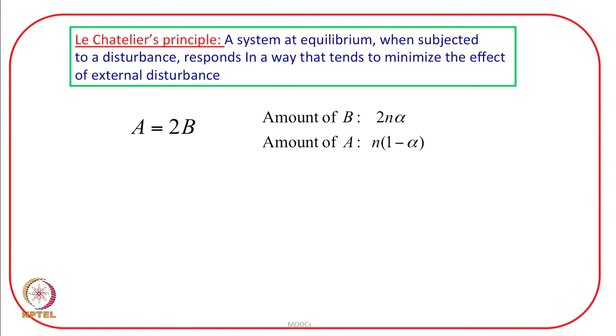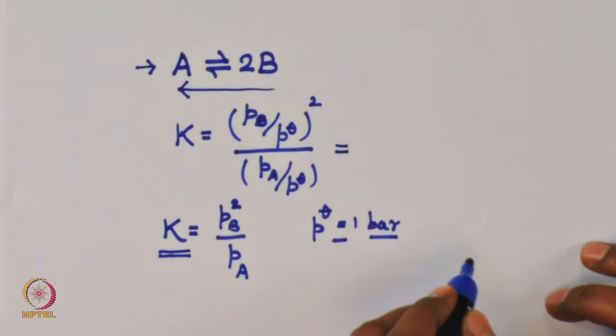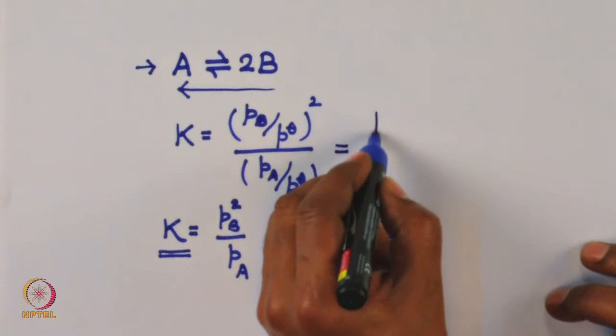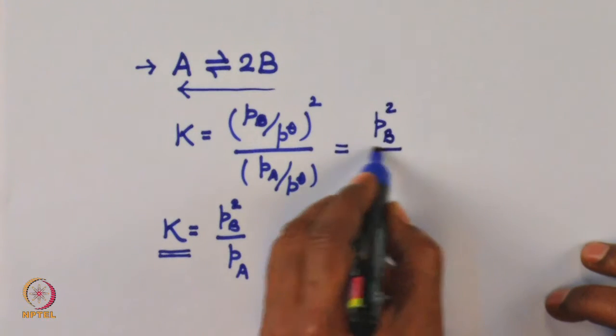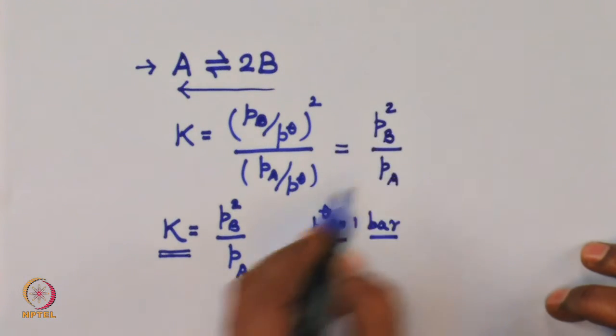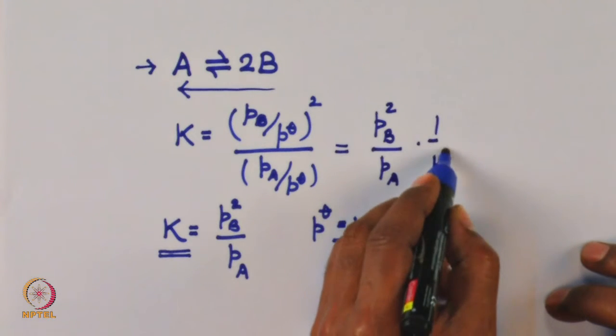I will again take this slide back and extend, not to cancel P naught. So, it will be P B square by P A into 1 by P naught.